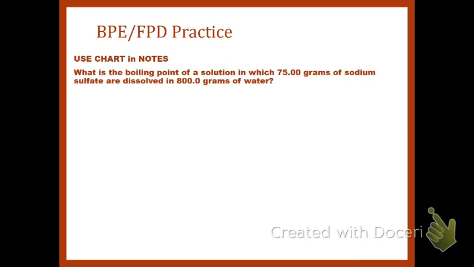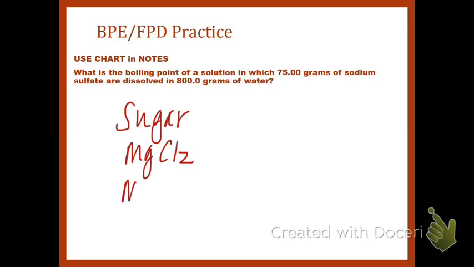So you don't have to do this because we don't do the calculations in here, but I do want to ask you this question. Considering they're all the same concentration, which one of those solutions would have the highest boiling point?